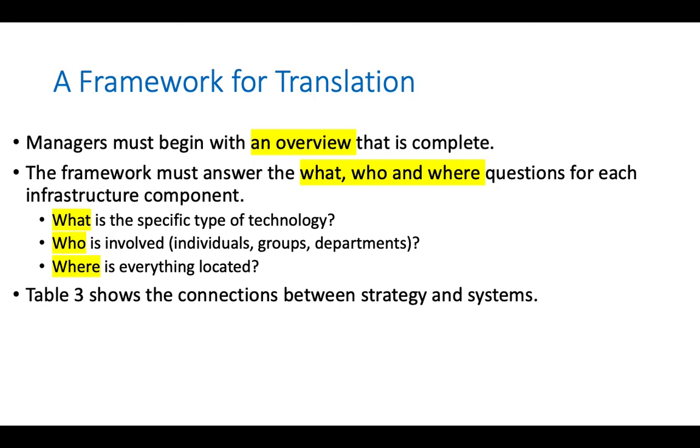These frames mostly answer some questions: who's involved, whether individuals or groups or departments, where it's located, and what specific type of technology we will provide. So where is that located, who's gonna be involved with that, and what kind of technology we will use.